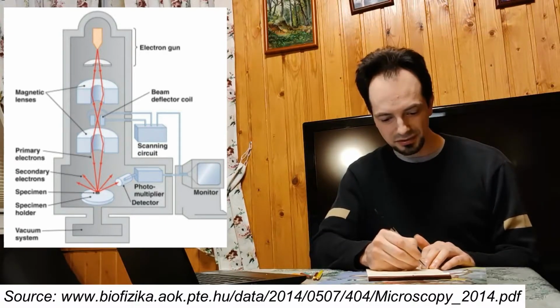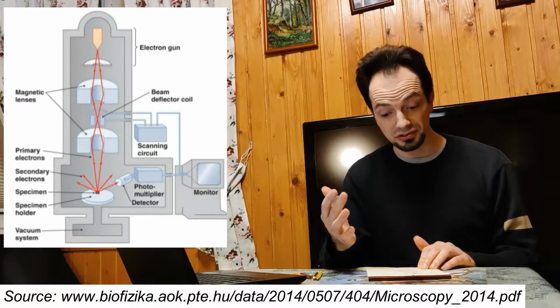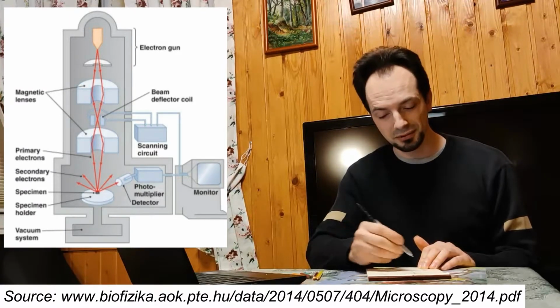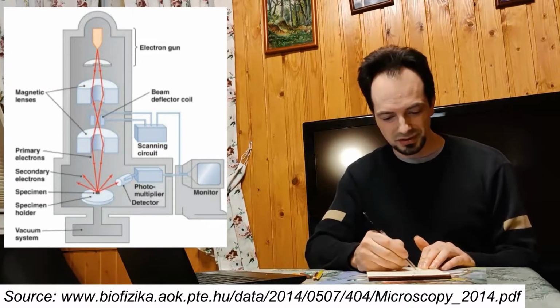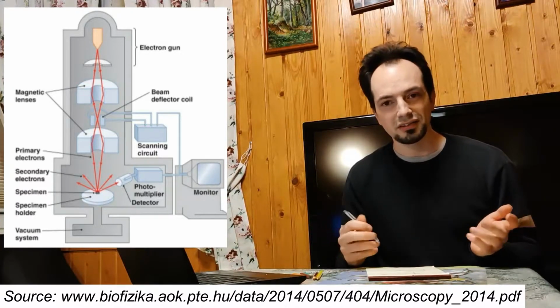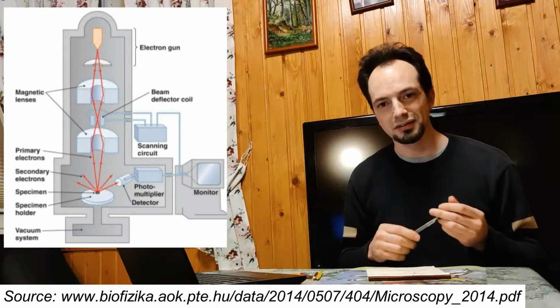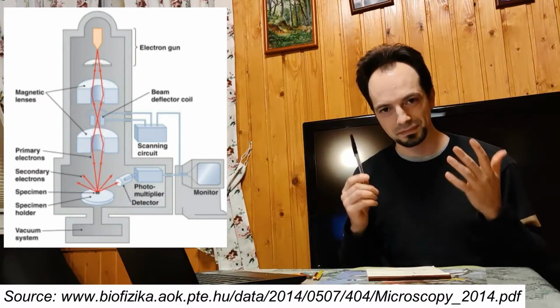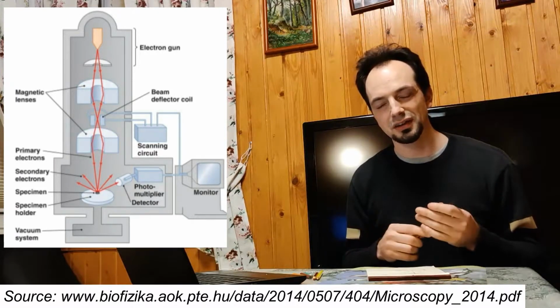The final element is the detector, or detectors. There could be multiple detectors here, which detect secondary electrons emitted from the sample. The only thing that's left are control electronics and imaging electronics that enable gathering of an image and drawing that image on the display.